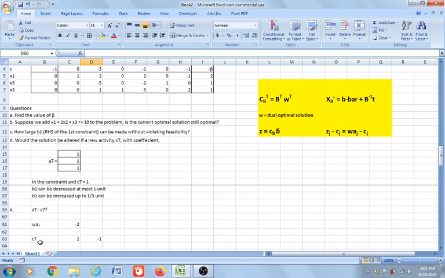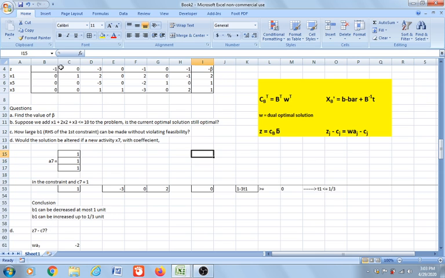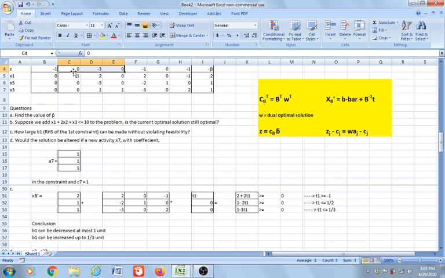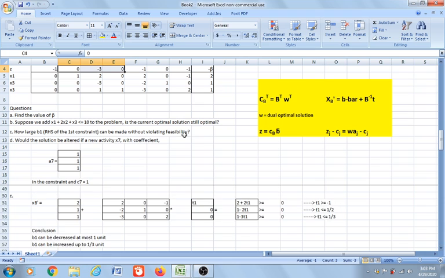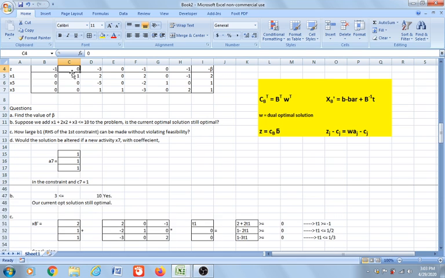And remember, when all the values over here are less than or equal to 0, the solution is optimal.